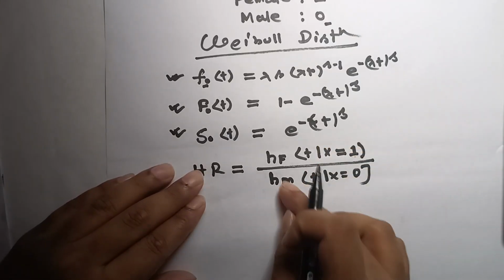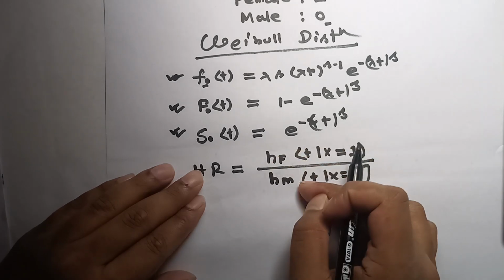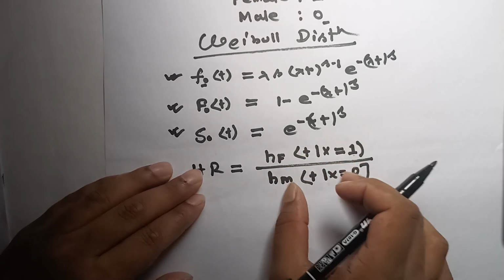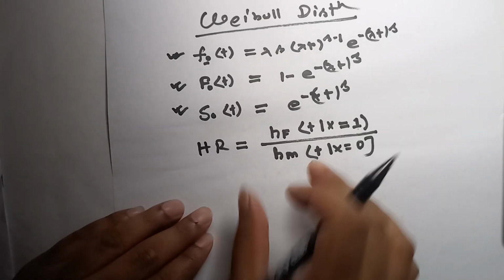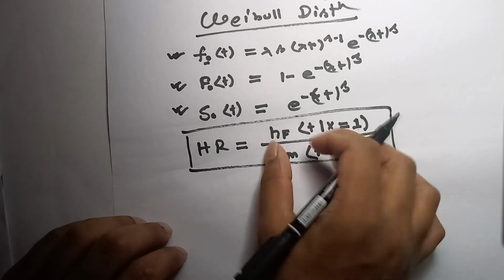You can shuffle it: you can take male in the numerator and female in the denominator. It is whatever your choice, but it will differ in the interpretation.